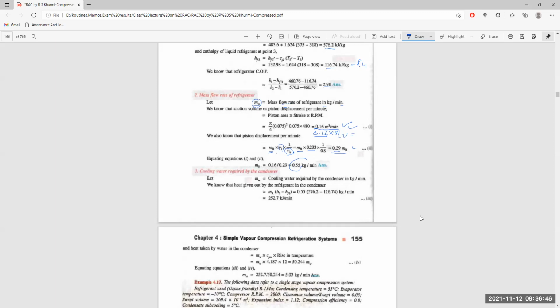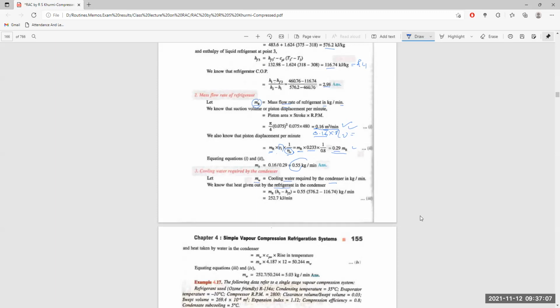Now, let us see mW, the cooling water required for the condenser. First we have to find out how much heat the refrigerant releases in the condensation process.